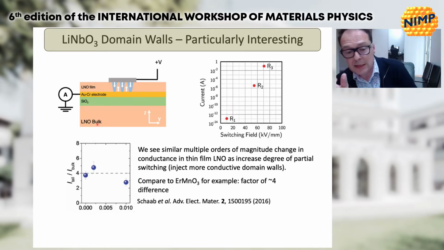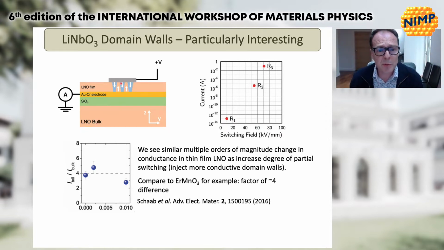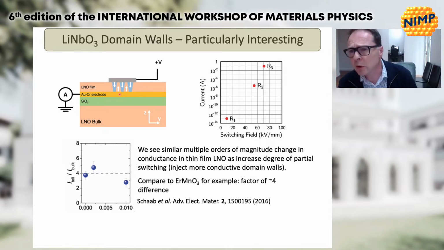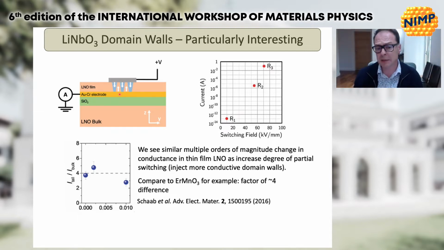Now, as I say, what's really nice about this system is that when you're doing transport measurements between a top electrode and a bottom electrode, you can be 100% sure that the current that you are monitoring and the changes in current that you're monitoring are associated with the conduction along the domain walls. That is not true in the manganite system.